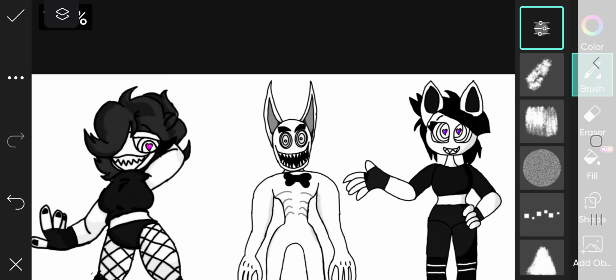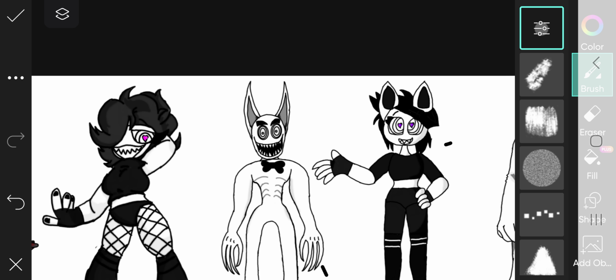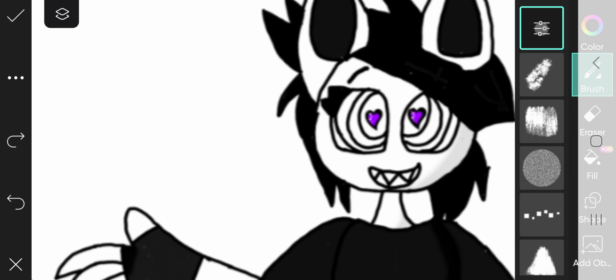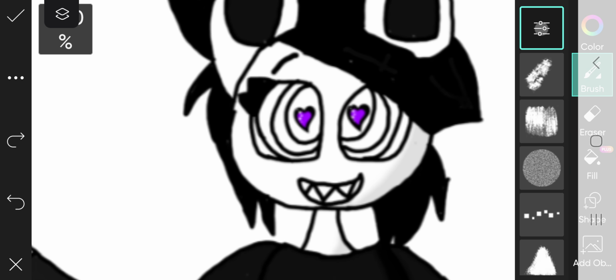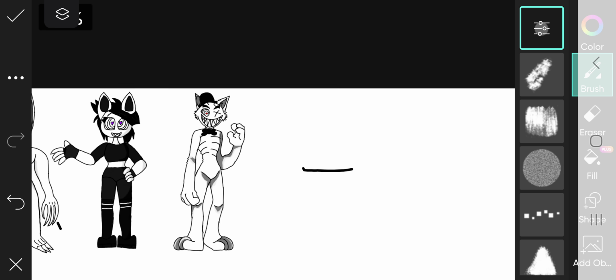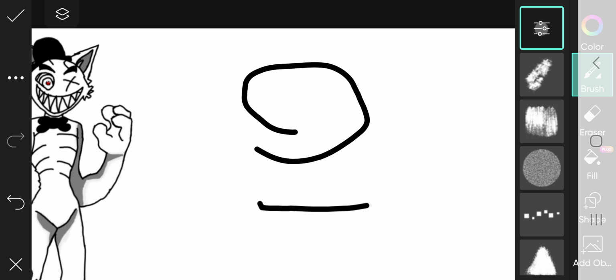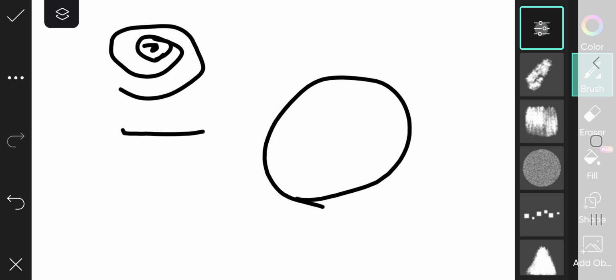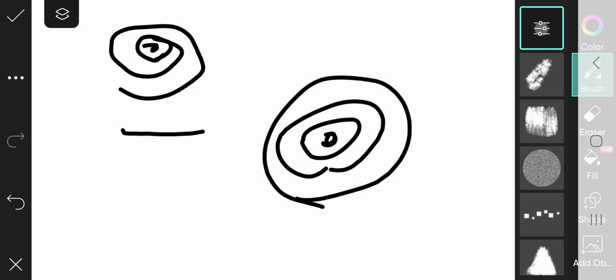Anyways, I see a lot of people, whenever y'all look at a Twisted's eyes, think that it's a spiral, and then the eye is in the middle. A Twisted's eye is a circle, on a circle, on a circle, then the eye.